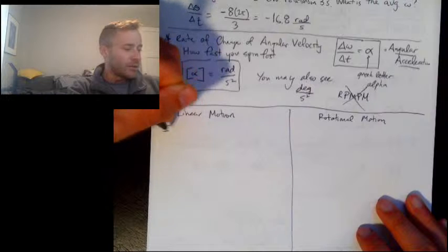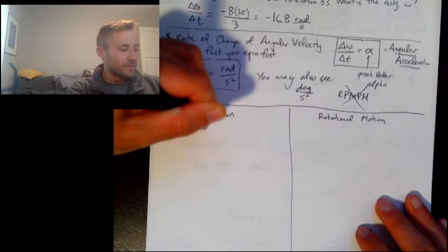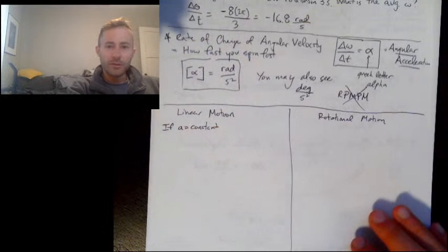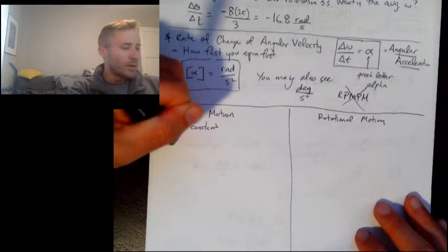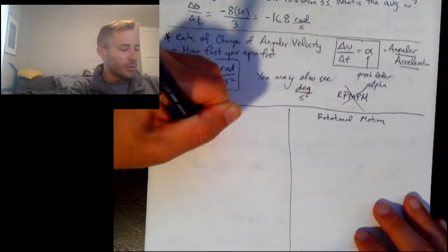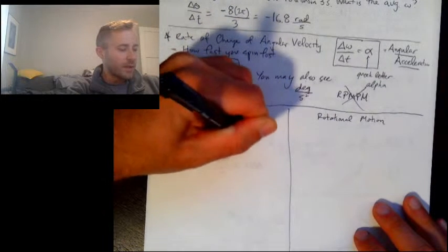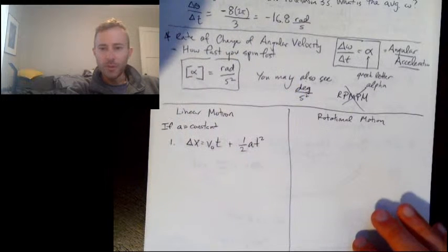And what we learned is that if the linear acceleration is a constant, we had three equations. We had an equation that was delta x equals v naught t plus 1/2 at squared. Hopefully you remember that one.